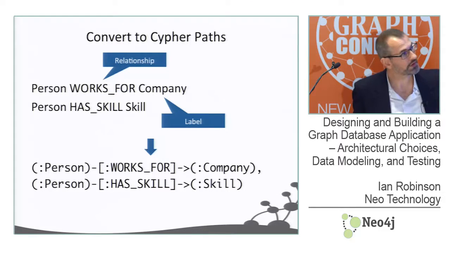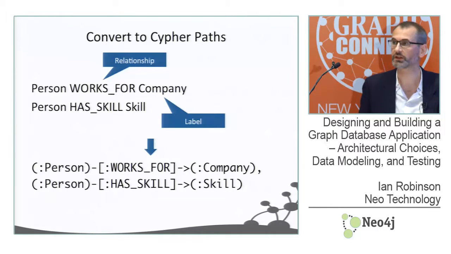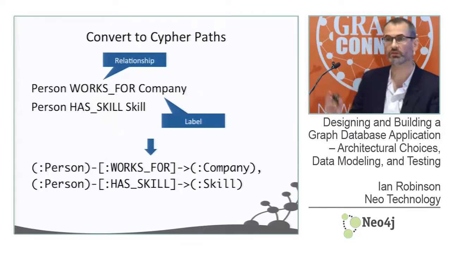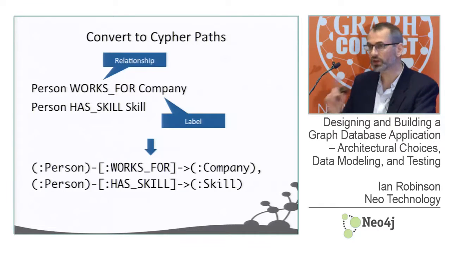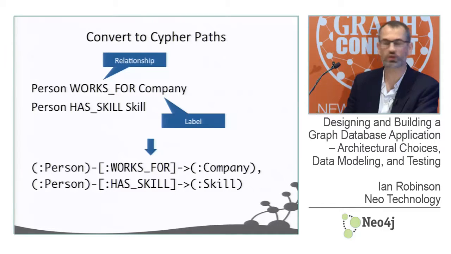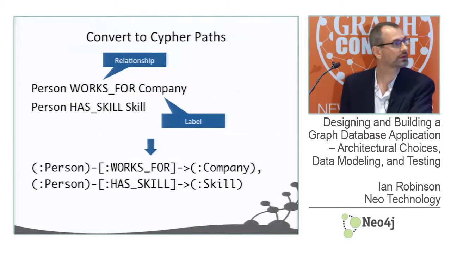We can see that a person works for a company, a person has a particular skill. We've got parentheses to represent the nodes, and then dashes and greater than or less than signs to indicate the relationships and the relationship direction. And between the square brackets, we've got the relationship name itself. So, candidate labels, candidate relationship names.